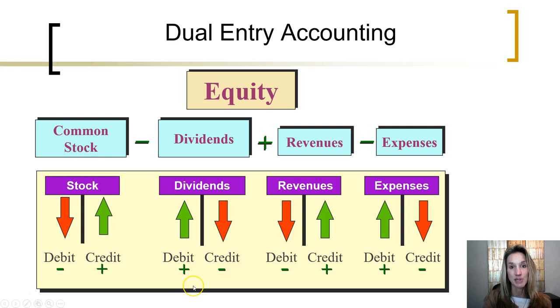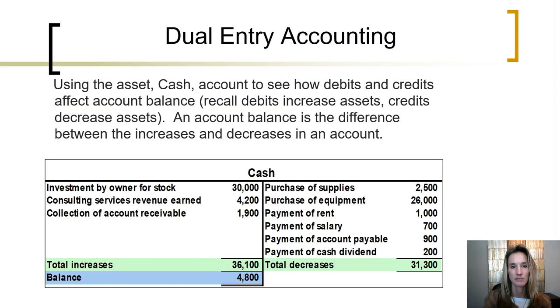They have an opposite balance. They both are increased with a debit and decreased with a credit. That is opposite of how we affect a change in a revenue and common stock account. That is because these accounts, revenues and expenses, dividends and stock, are affected differently by debits and credits.